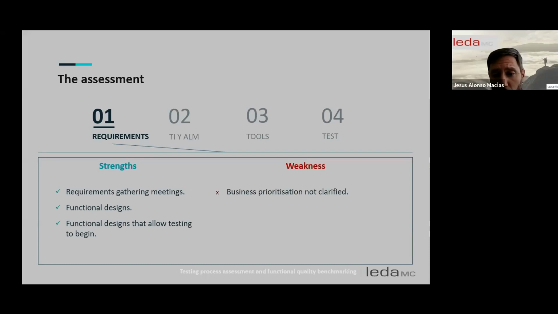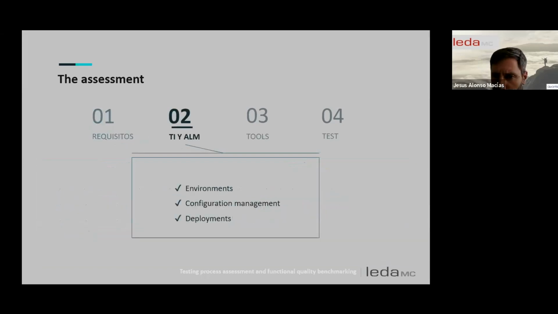A weakness we identified was that the business did not prioritize as well as expected. We also realized that there was no mechanism in place to notify the testing team of changes to functional documents.